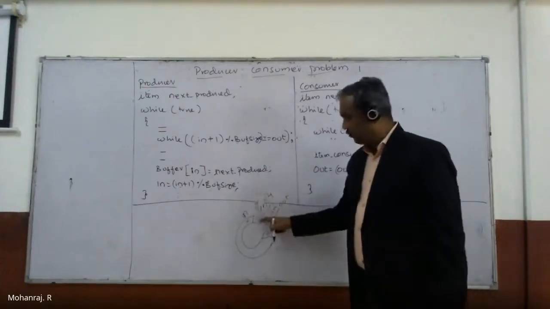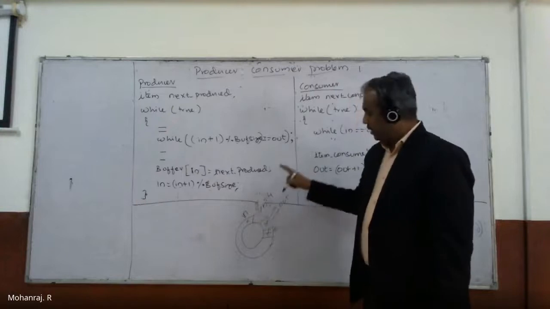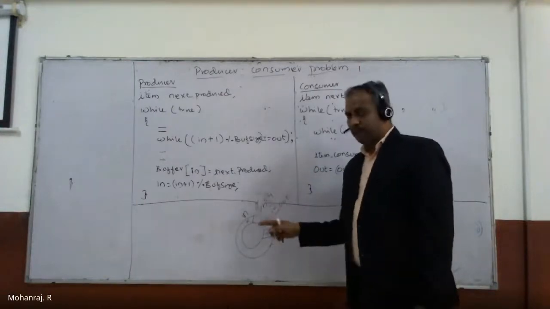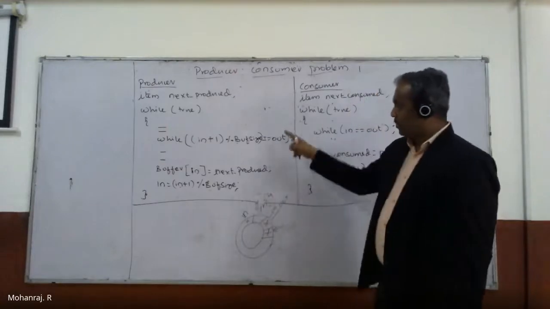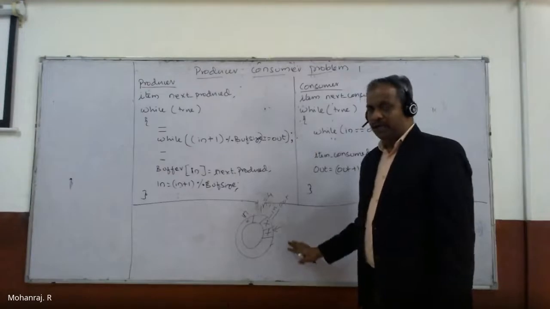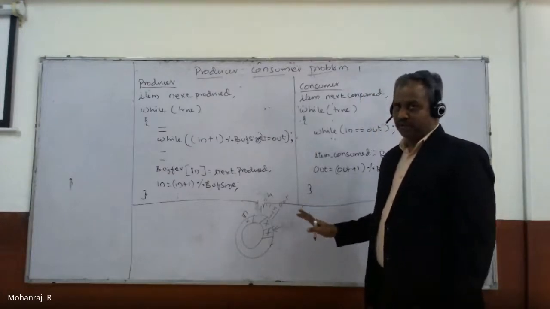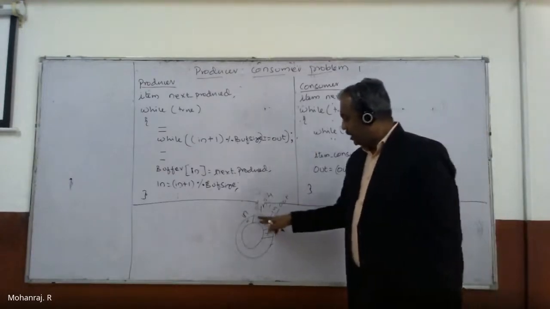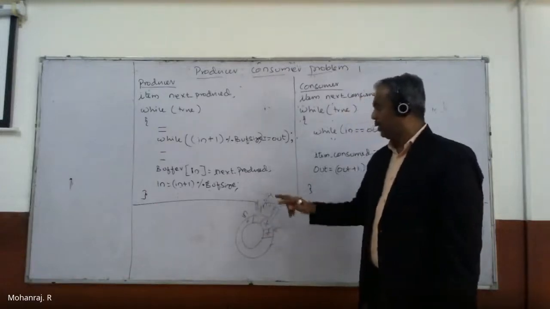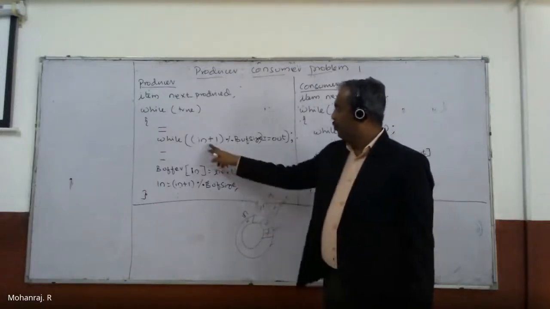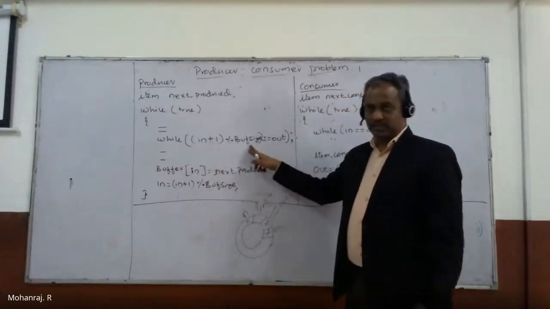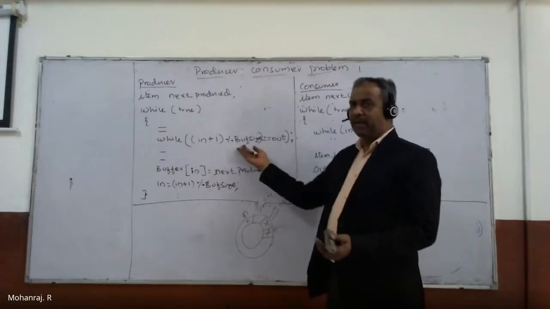Say this place is free, which means that even if you do have one more item, it can be placed. But this program has a constraint that it can utilize only n minus 1 of the buffer size. Buffer size minus 1. So now, even if it is pointing to the free space, it cannot accommodate a new item. Say in is 4. So 4 plus 1 is 5. 5 modulo division by buffer size 5, the remainder is 0.